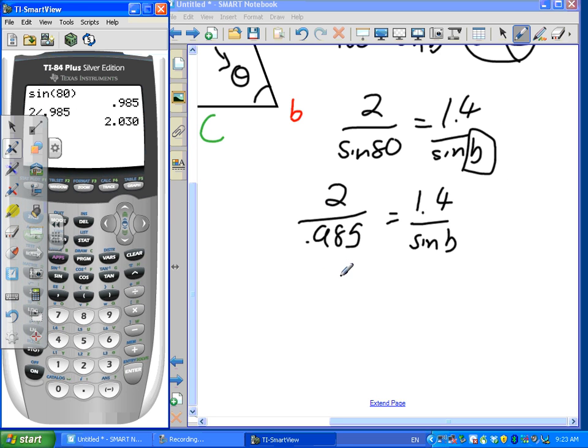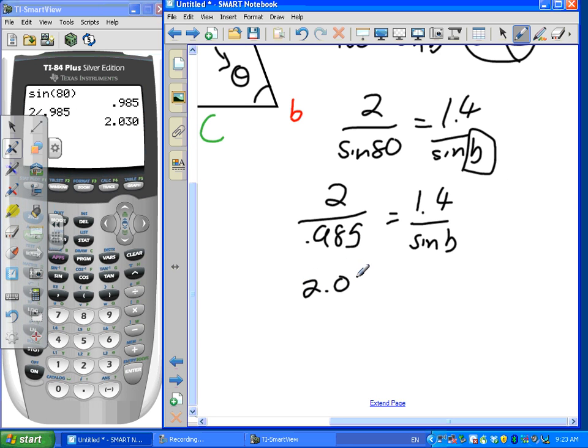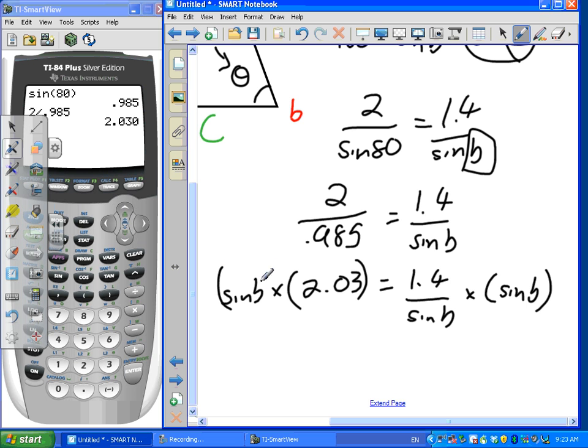Okay, 2 divided by 0.985 is 2.03, equal to 1.4 over sine B. Okay, here's the difficult part. We need to get sine B by itself. So first thing I'm going to do is get it out of the fraction. I'm going to multiply this side by sine B and that side by sine B.